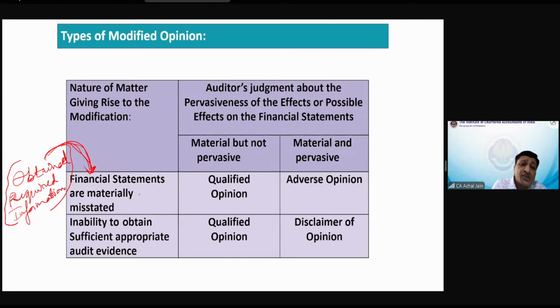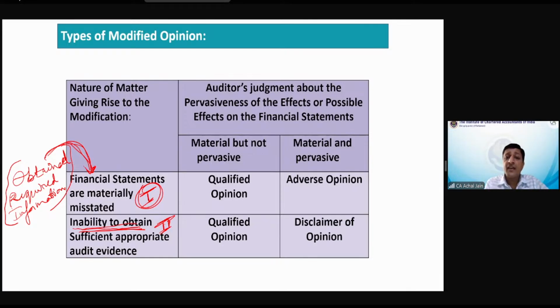What is the second situation? Second situation is auditor says inability to obtain required information. Means he has not been able to obtain the required information, and that's why what are the wordings he will use?